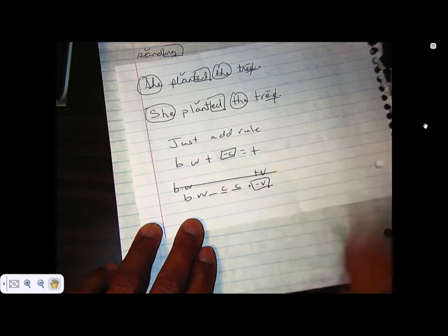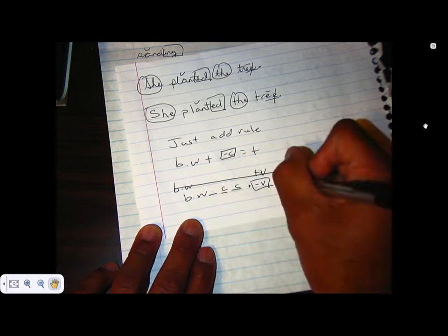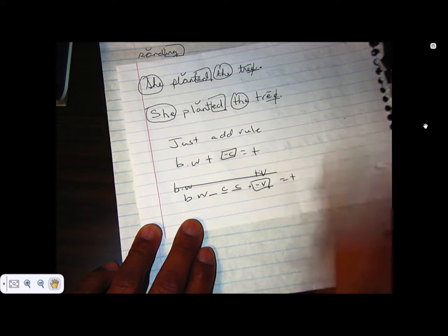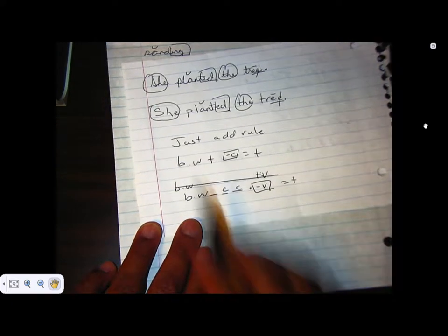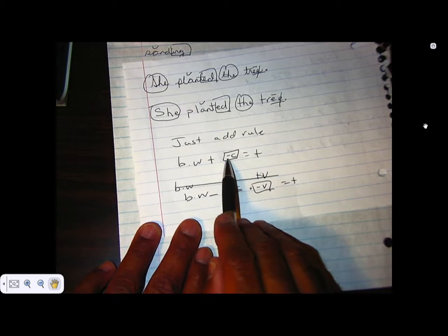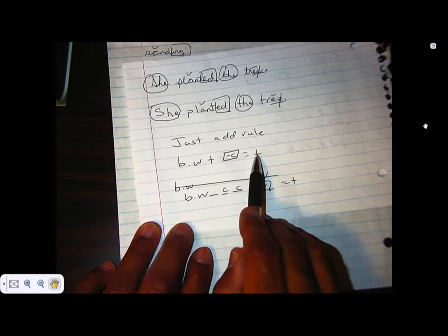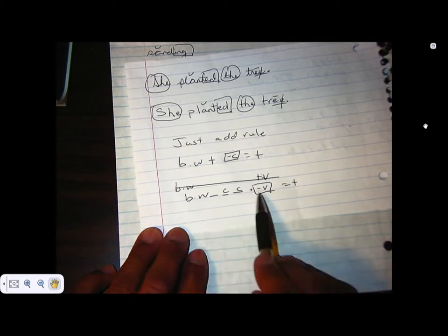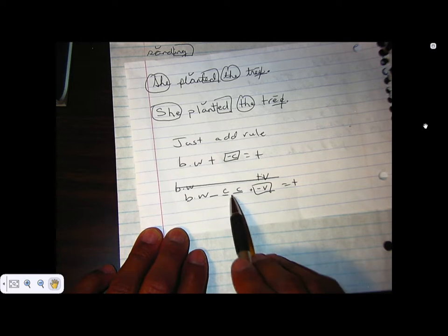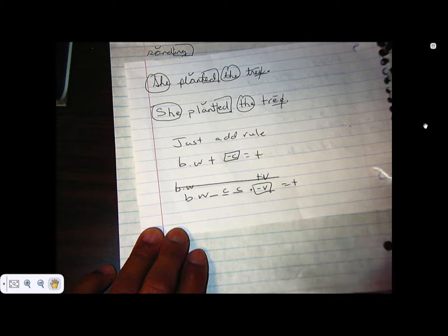If the last two are consonants, we just go ahead and add it. So those are the just add rules. A base word with a consonant suffix, you just add. A base word adding a vowel suffix, if the last two letters of the base word are consonants, you just add it. That's all we've done today.